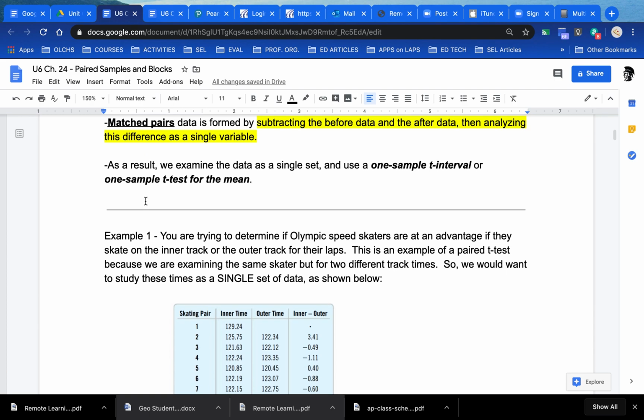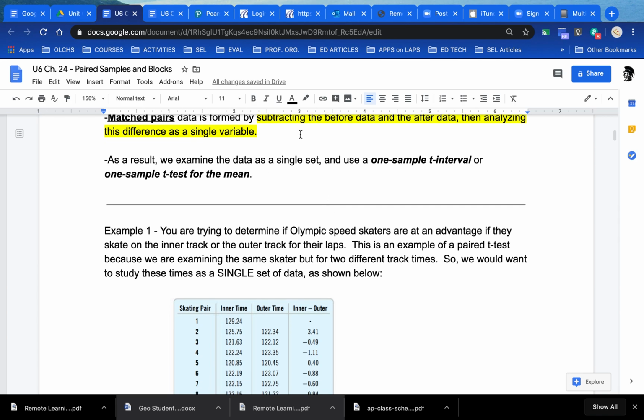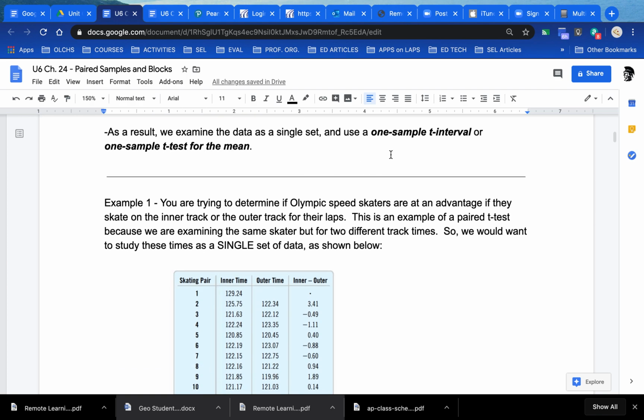The main thing we're going to be looking at is what do I do if my data is not independent? How do I treat it as a single set of data, which they kind of say up here? And then why it's nothing new is once you subtracted data, and we kind of practiced this a little when we examined proportions with two samples, but regardless, you use the one sample t interval or one sample t test.